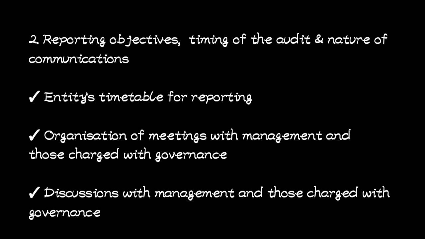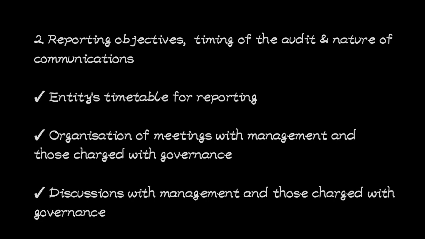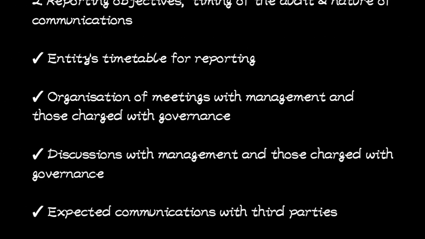Then discussions that will be made with management and those charged with governance. And lastly is expected communication with third parties, whether he will be able to communicate with third parties, how and when.